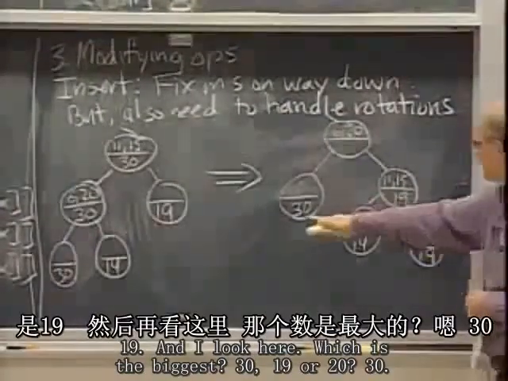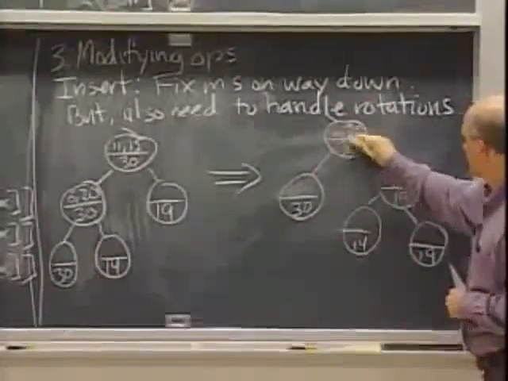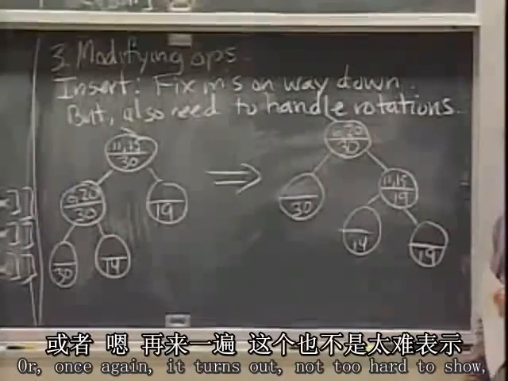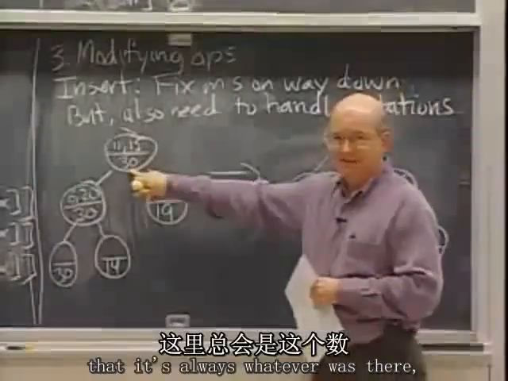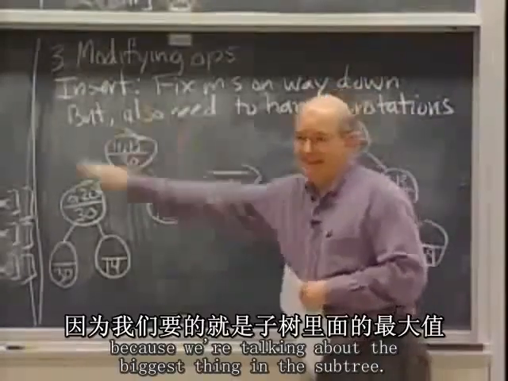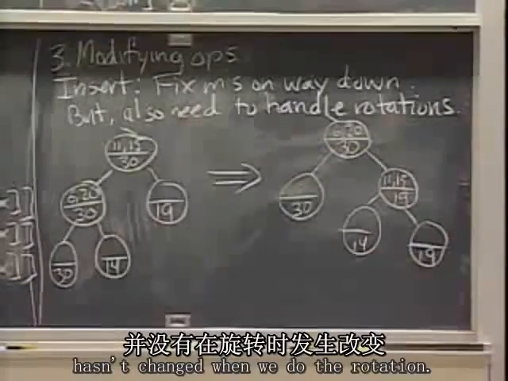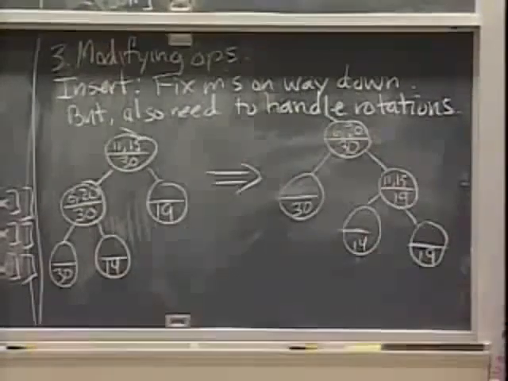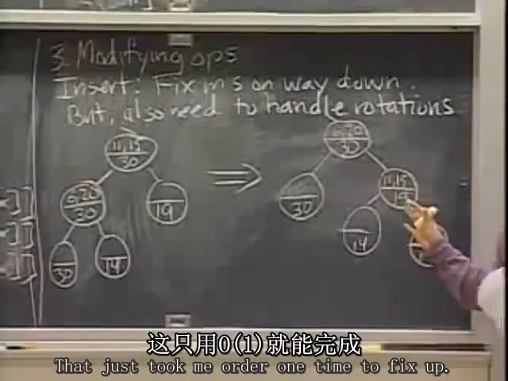And I look here, which is the biggest, 30, 19, or 20? 30. Or once again, it turns out, not too hard to show, that it's always whatever was there, because we're talking about the biggest thing in the subtree, and the membership of the subtree hasn't changed when we do the rotation. So that just took me order one time to fix up.